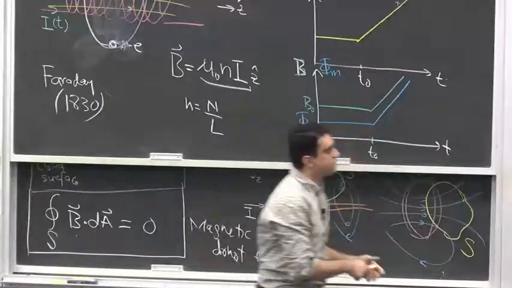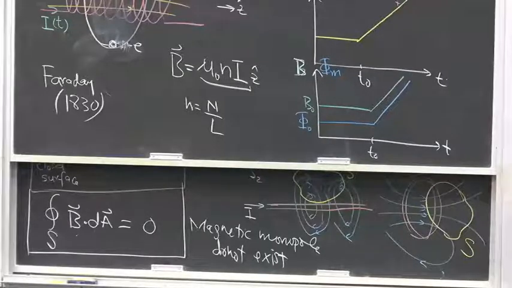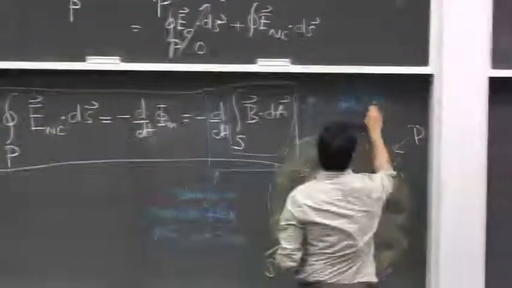So its time dependence would give you a constant value because this is a linear function. This thing which is in the blue here is your d by dt of the magnetic flux.